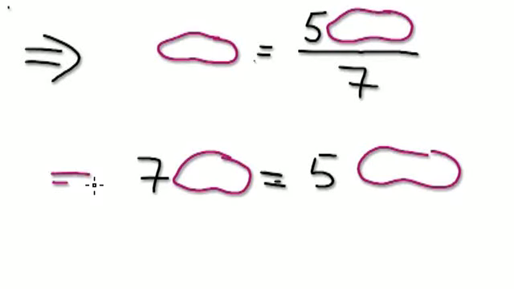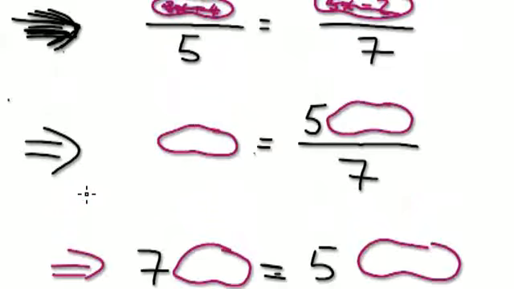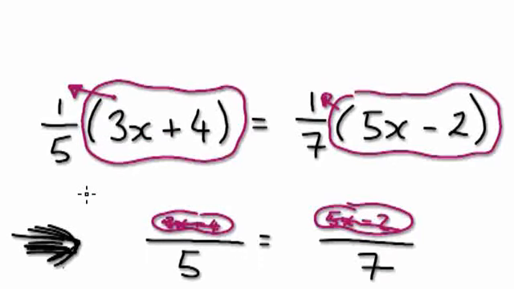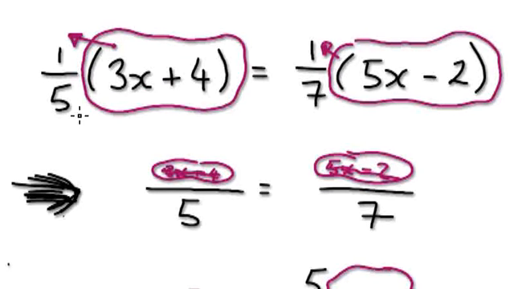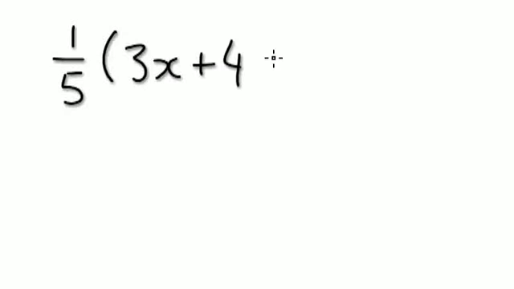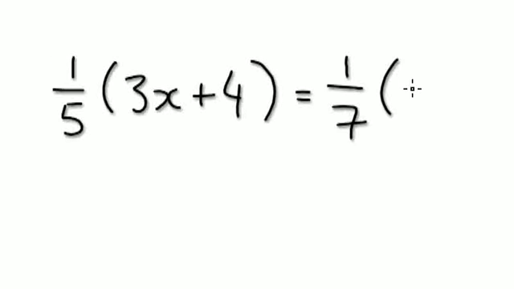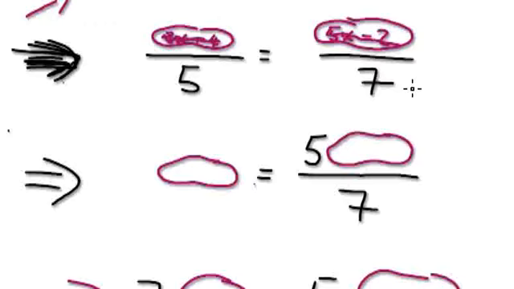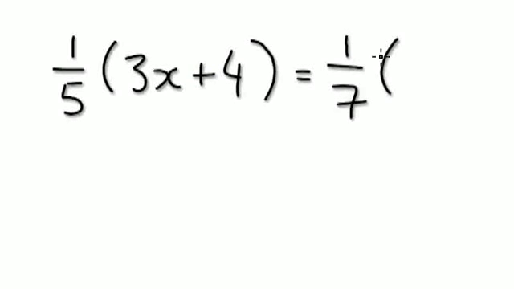From here, I will show you the next step. Let's go back to our original. It was this formula: 1 over 5 bracket 3x plus 4 equals 1 over 7 bracket 5x minus 2.